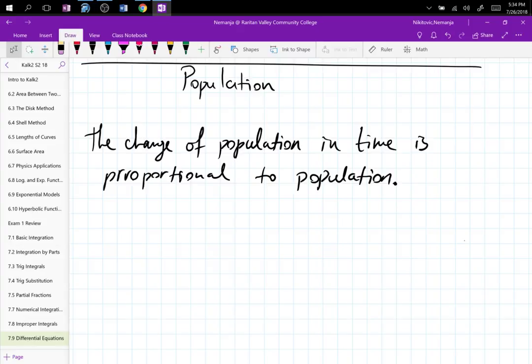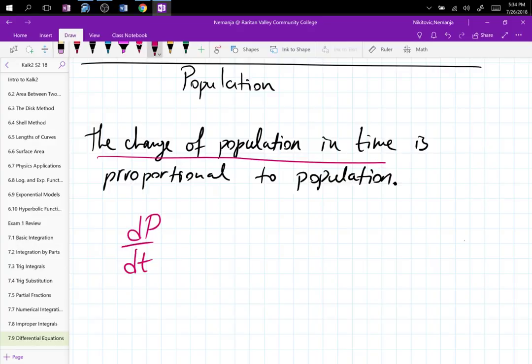So when you make a statement like this, the change of population is proportional to population, now you are ready to write your differential equation. The change of population in time, you should know this from Calculus 1 course, means change of population in time.